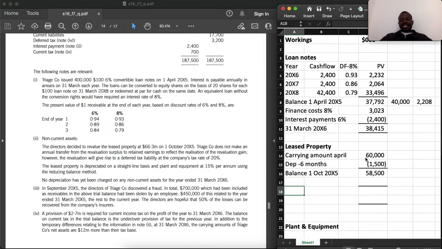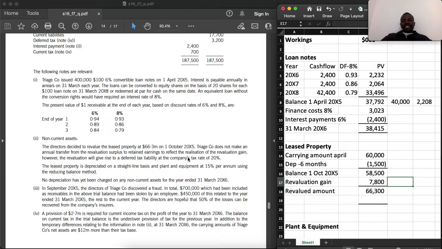Then at this date, the asset was revalued. So we have got a revalued amount, 66.3 million. So it's 66,300, like that. Then we have a revaluation gain. The revaluation gain, we say 66 less the 58, like that.